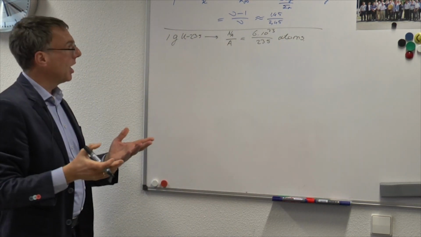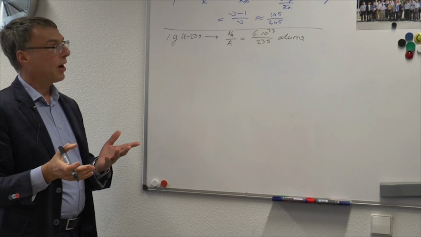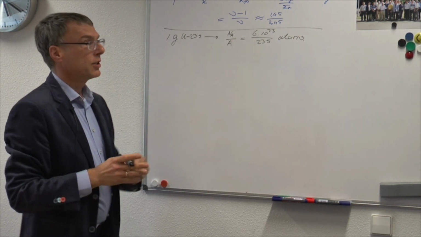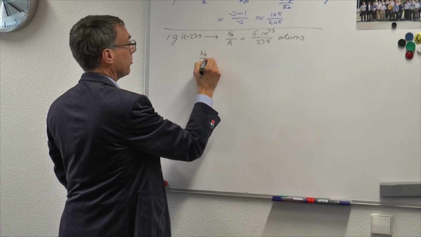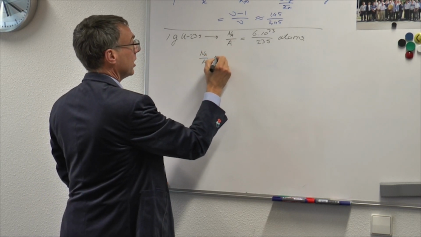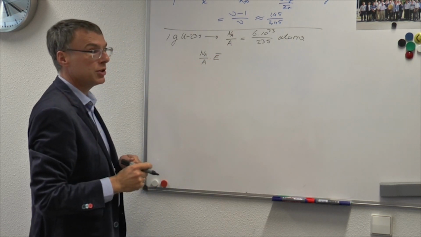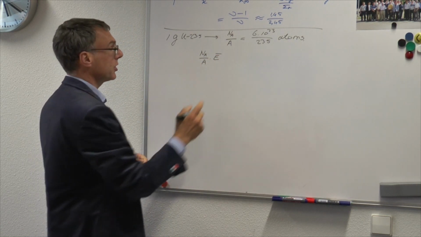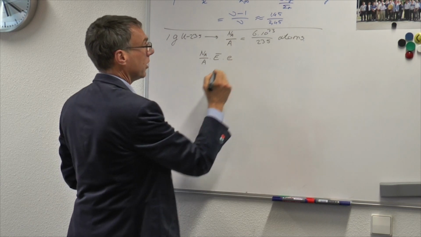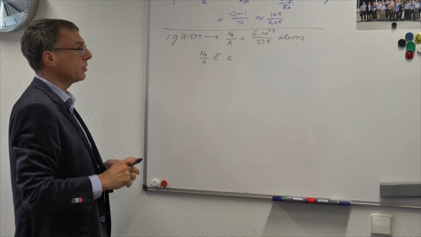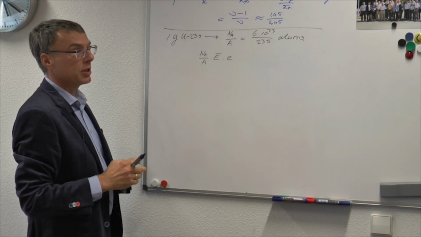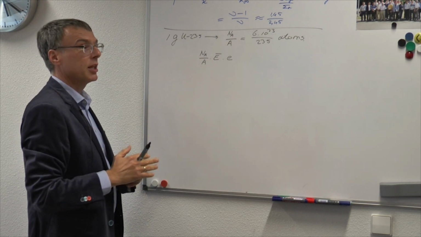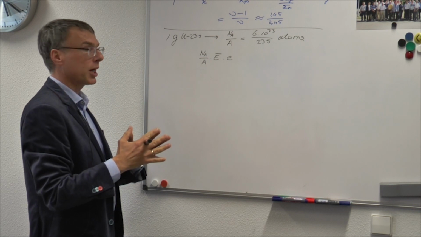If you fission every uranium-235 atom in this amount, you have Na divided by A times the average energy per fission given in electron volt, times the conversion of electron volt to joule, and then you have the amount of energy released if you fission completely 1 gram of uranium.